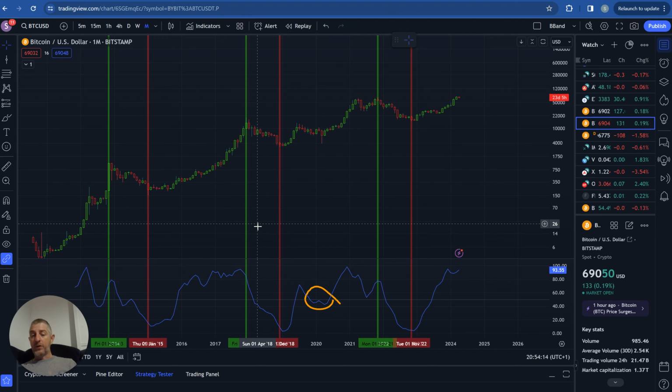All right. So this first bull market, clearly the stochastic didn't really populate because it needs enough historical data to be able to populate. So I'm not going to comment on this bull market phase with regards to the stochastic crossing the 50%. All right.